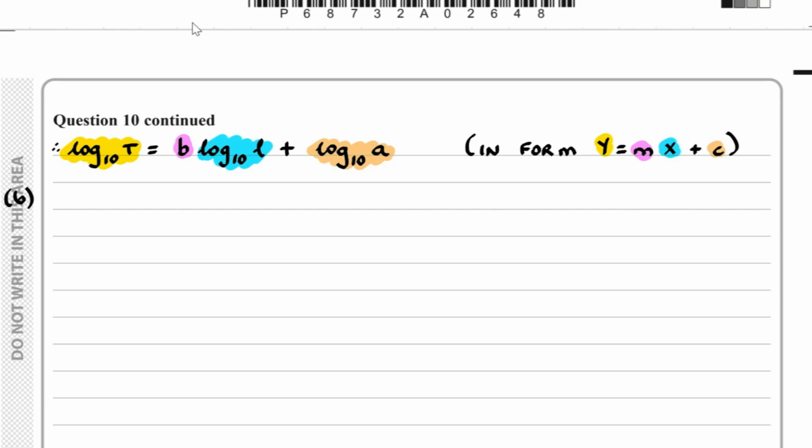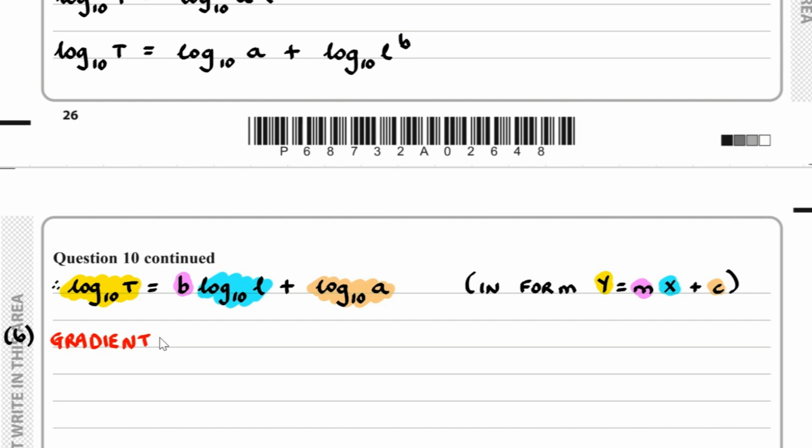So what we can do to begin with is find out the gradient, which of course is what b is.